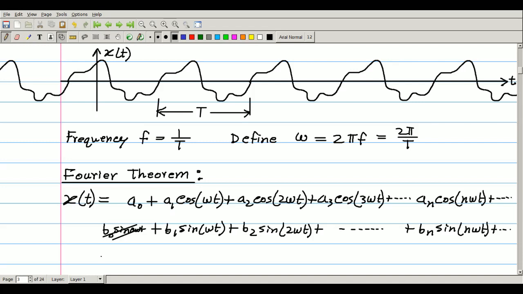Now the big question is this: suppose an arbitrary periodic signal x(t) is given to us, and we want to know, to create this arbitrary waveform, how much of cosine omega t is to be mixed with how much of sine omega t, and how much of cosine 2 omega t, how much of sine 2 omega t, etc. That means what should be the value of a1, a2, b1, b2, a0, etc., so that this sum will be equal to the given arbitrary signal x(t).